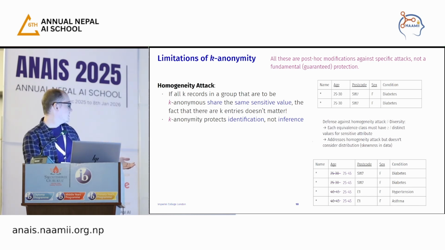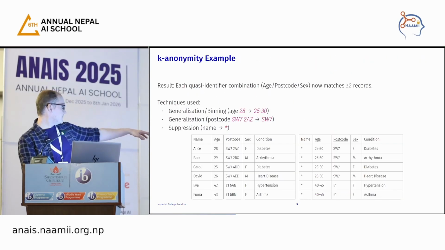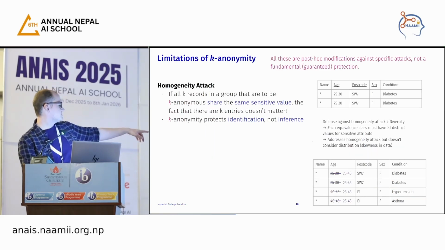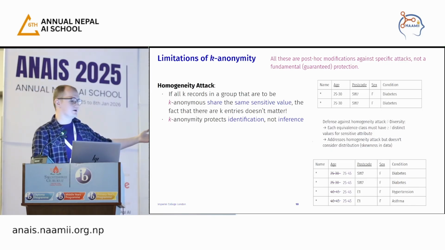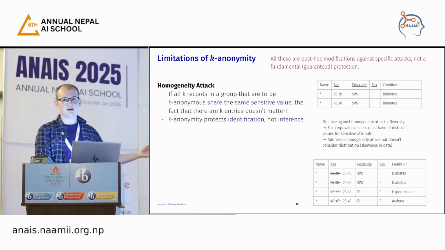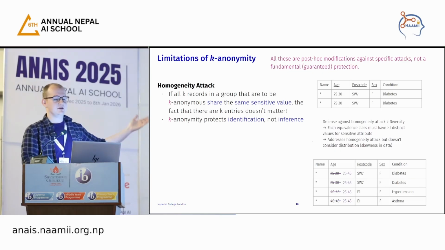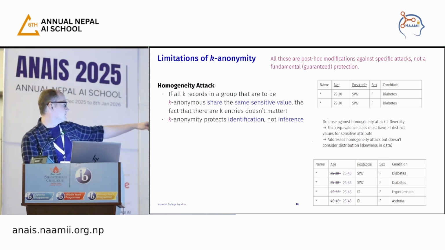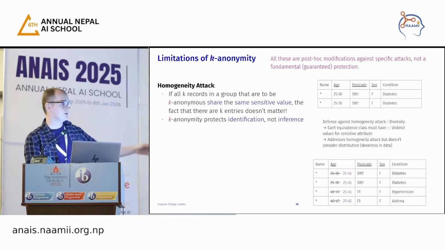We need to merge rows 1, 3, 5, and 6 in the same age bin, essentially, and then we need to get rid of the postcode as well, because we can't generalize SW7 or E1. We need to make the postcode basically UK, right? But then this achieves exactly what we want: even if we can identify someone from this cluster, we cannot say with certainty what their condition is, which we could do before.